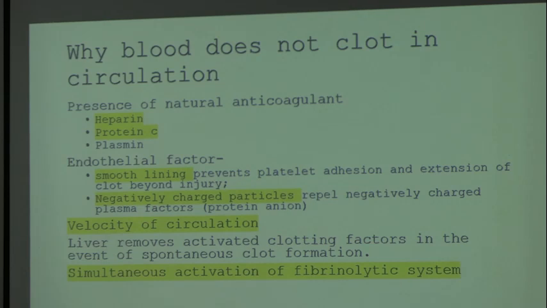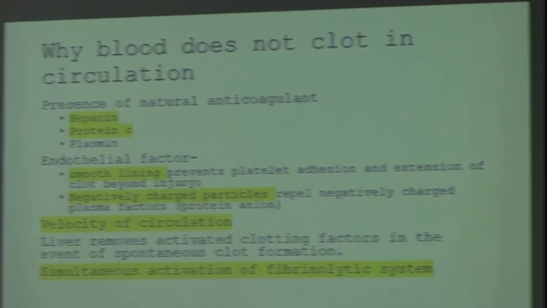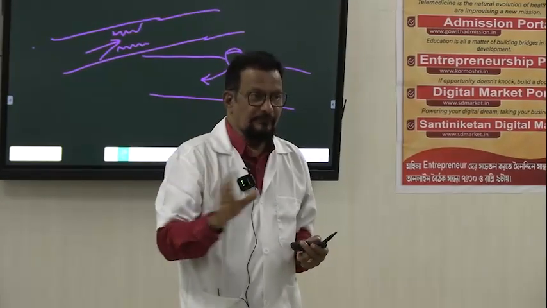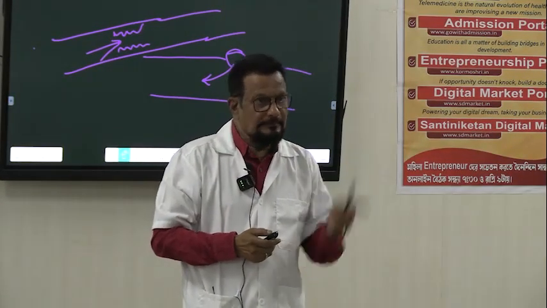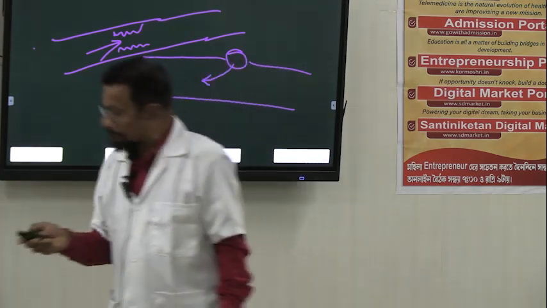So this will prevent intravascular coagulation. And the endothelial factor. Firstly, the lining is smooth, so there is no chance of breakdown of the platelets. I said the platelets are fragile. So if it is smooth, no. If it is rough, then it will undergo breakdown, and the process of clot will be started.